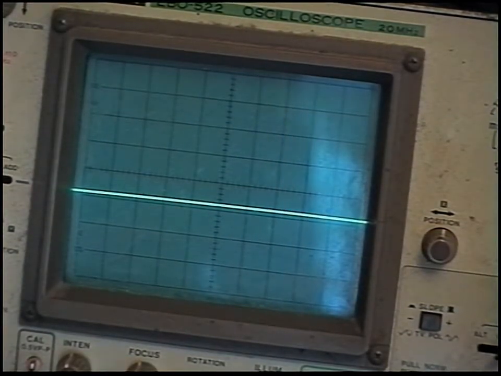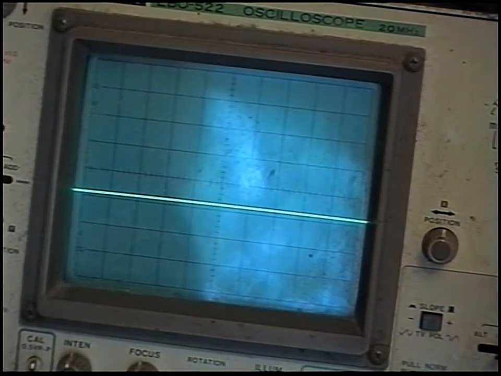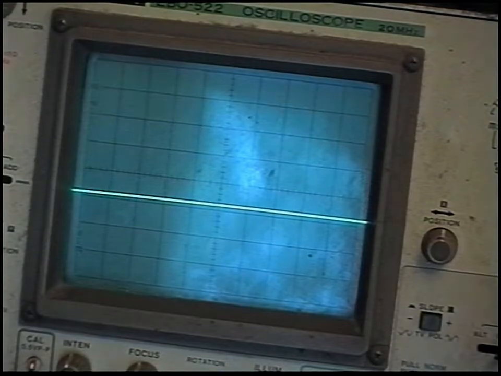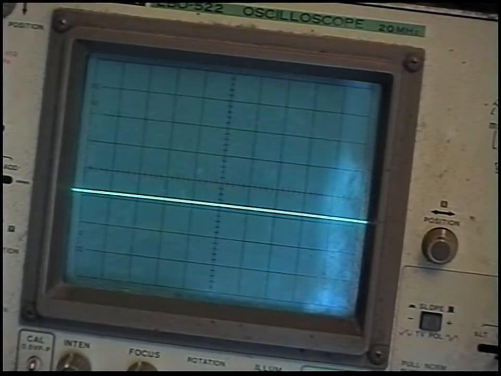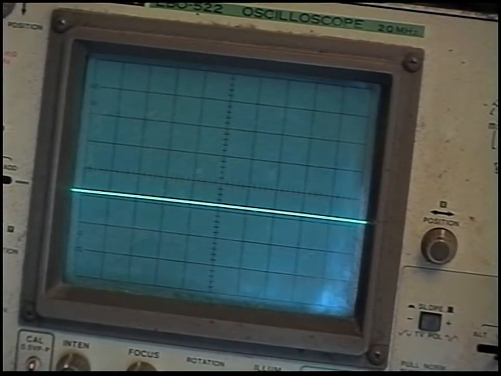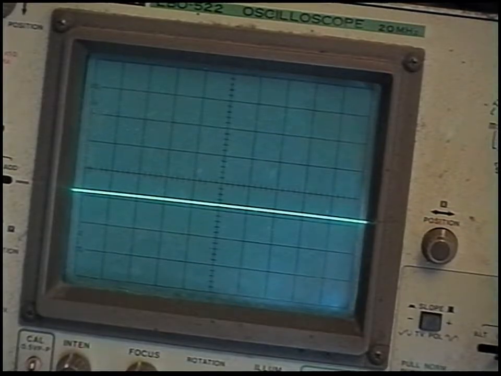So somewhere between the chip and the yoke there's a problem. The signal's not getting there, so I'm going to have to study the circuit and have a look and follow it through.